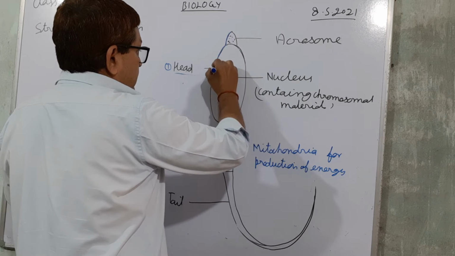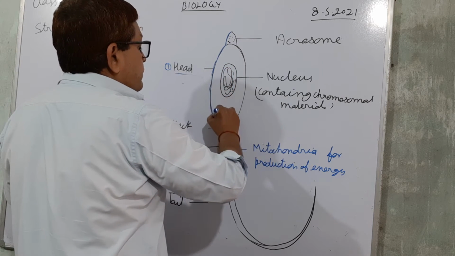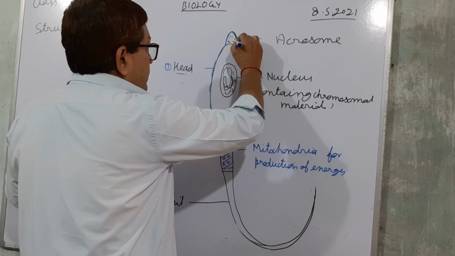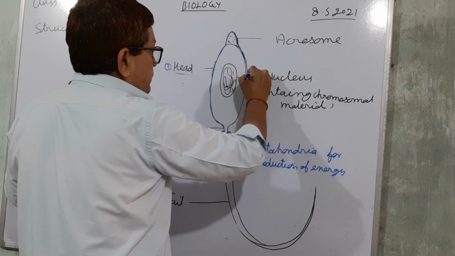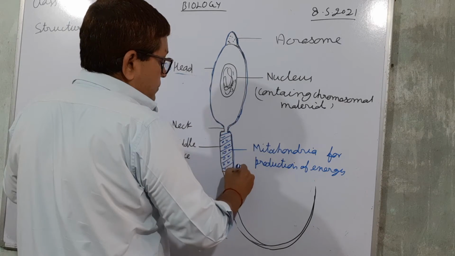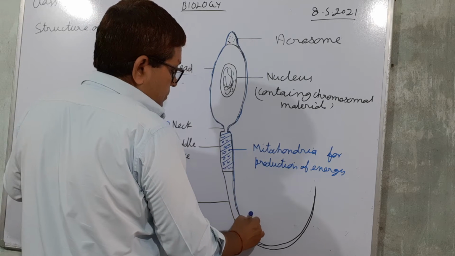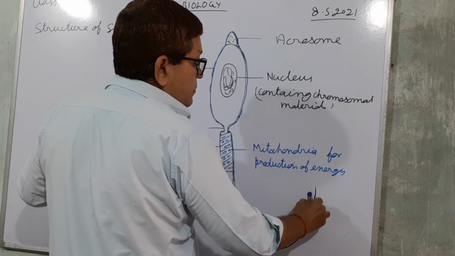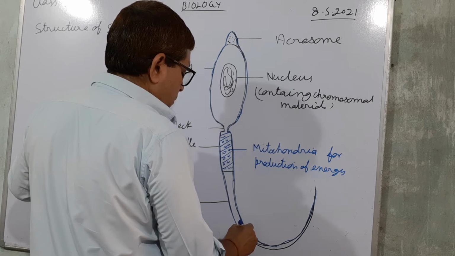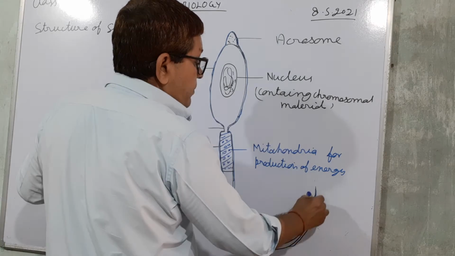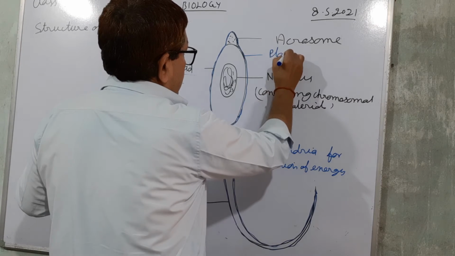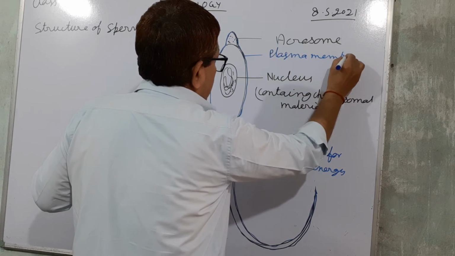The whole sperm is externally covered by a membrane known as the plasma membrane, which covers the entire sperm.